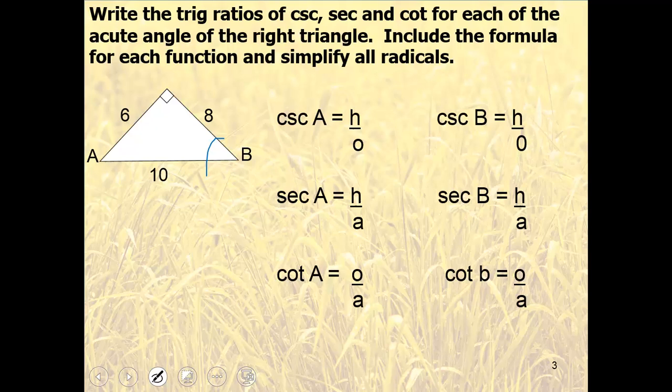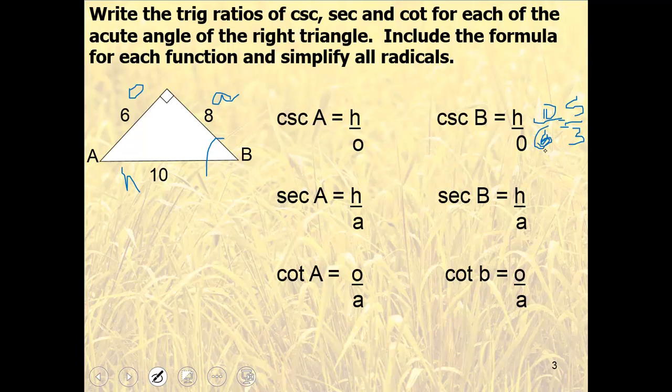For the cosecant, we have to label our sides opposite, hypotenuse, and adjacent, just like we would with the other three. All right. Cosecant of beta is the hypotenuse, 10, over the opposite, 6. So that becomes 5 over 3.